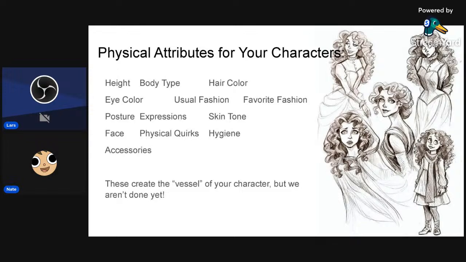And of course, accessories. Is a character wearing bling? Do they have rings? Is a girl wearing gaudy earrings, little studs, glasses, stuff like that? All accessories help to give more depth and description to your characters. Now then, I will say this already. If you're looking at this list of stuff and you're thinking to yourself, that's so much to describe, it is a lot.